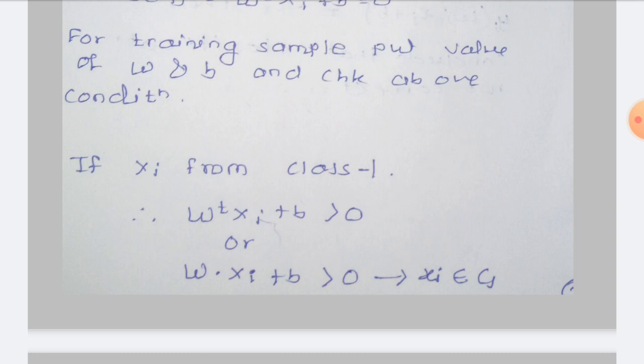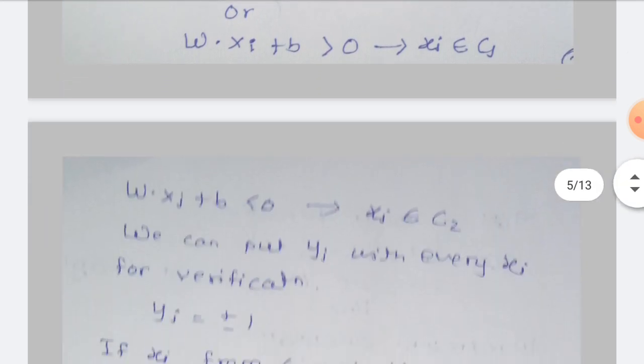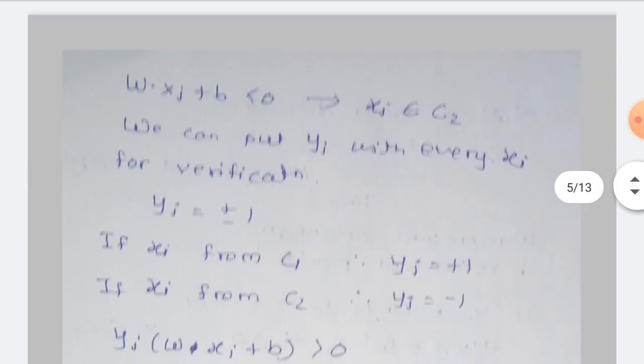Then we can say that xi belongs to class 1. Similarly, if I get W dot xi plus b less than 0, then that xi data point belongs to class 2.